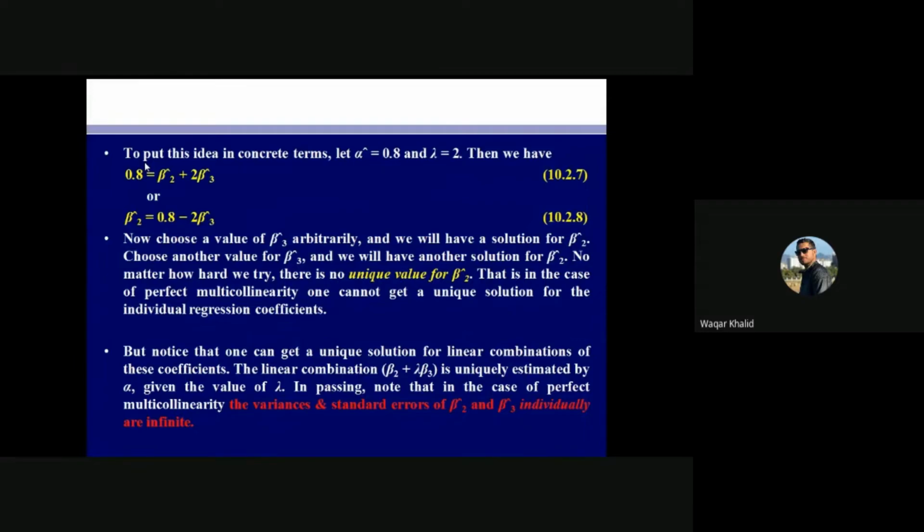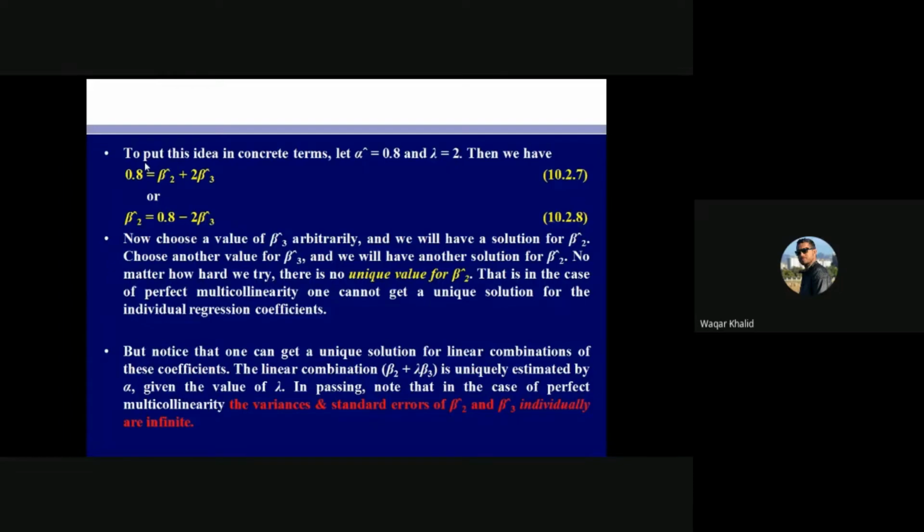If you substitute beta 3 as 2, then 3, then 4, it means that you are changing the value of beta 3 arbitrarily, and each time you get another solution for beta 2. It means that you will never find a unique solution for beta 2.